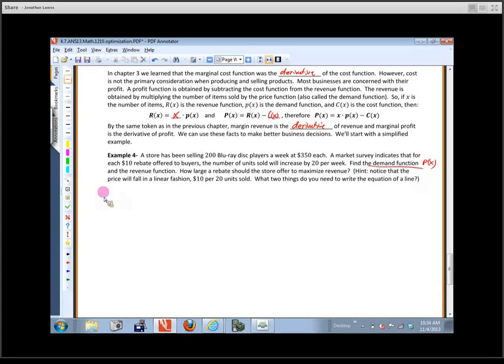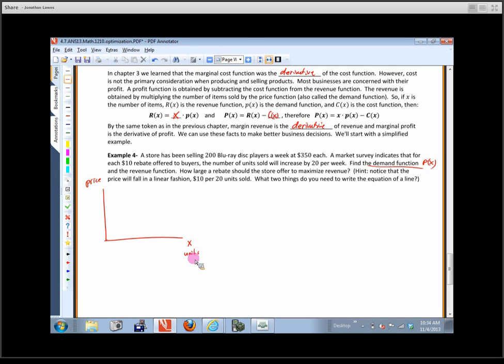So let's think about what we've got going on here. And it has a hint there. It says, notice that the price will fall in a linear fashion. Every time we lower the price by $10, we're going to sell 20 more units. So we've got price up here, and we've got units down here. Now, this is falling in a linear fashion.